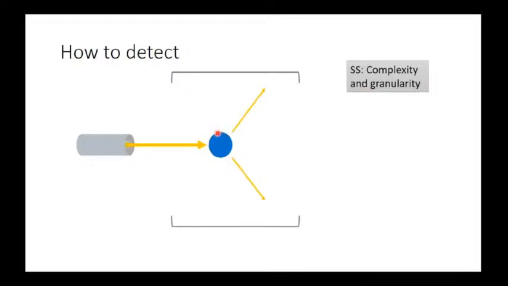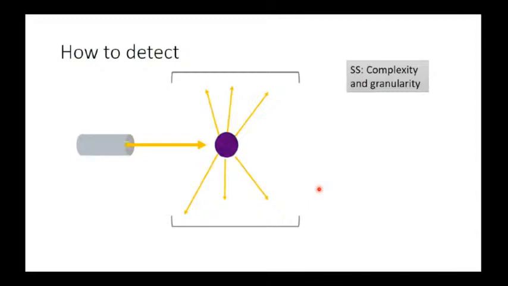Because simple cells scatter the light in the side direction, yes, but when we have granules inside the cell, so when the cell is complex from inside, these little granules will also scatter the light in different directions, and in this case I will get more side scattered light, like this. So this is a complex cell from inside. It contains small granules inside, and these granules will also scatter the light in different directions, and in this case I will get a higher intensity of the side scattered light.